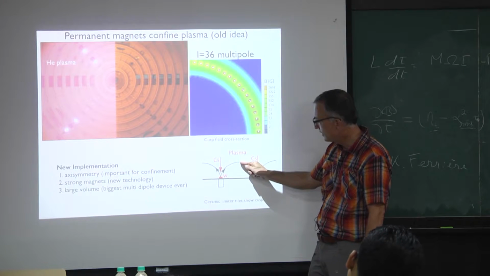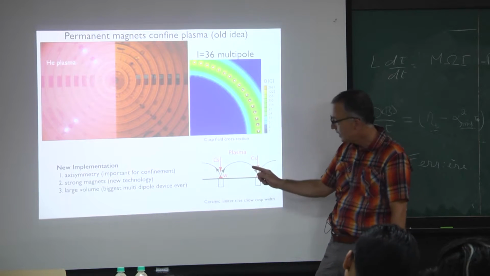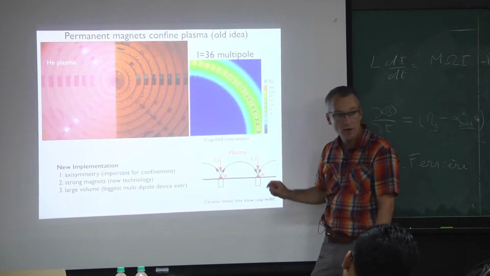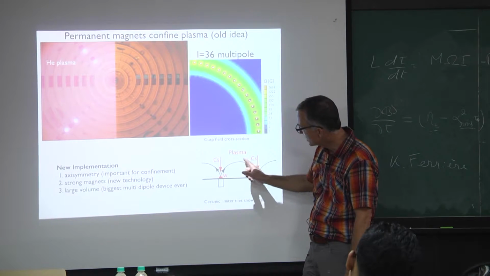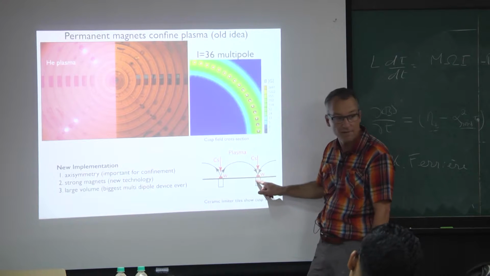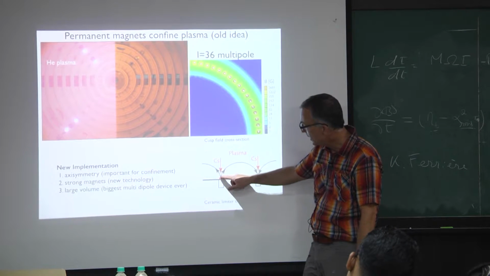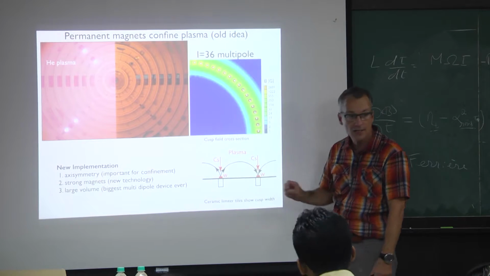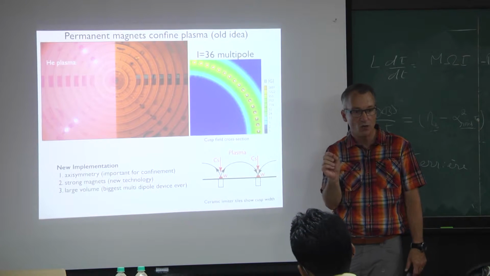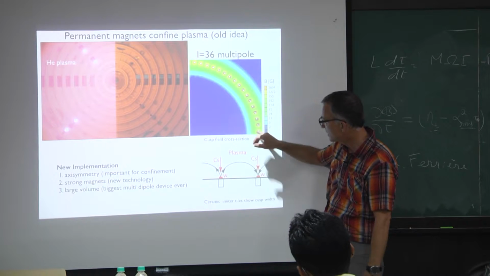They're less than a millimeter in size, but they're free to move along the field line. What this gives is particle orbits that bounce back and forth between the high field region at one side and the high field region at the other side. And the plasma can only be lost over a tiny, narrow region to the surfaces of these magnets.